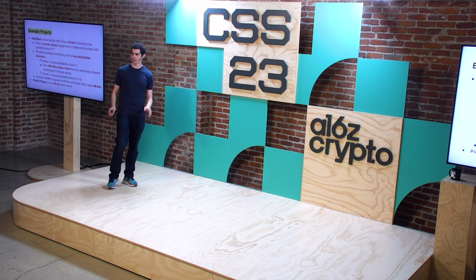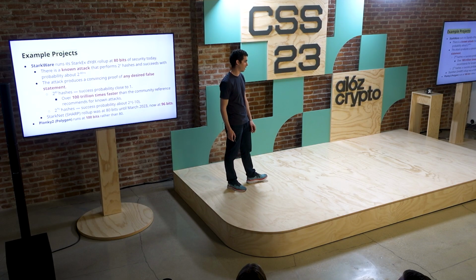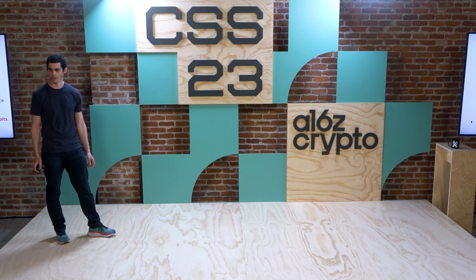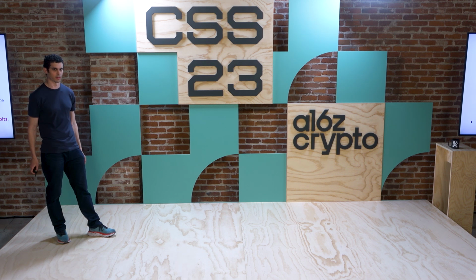I've been talking about this since last summer, and I'm really pleased StarkWare has upped their other rollup, the StarkNet or SHARP prover, from 80 to 96 bits, which is much better. But today, I think dYdX has over $300 million of total value locked, and it's still at 80 bits of security.